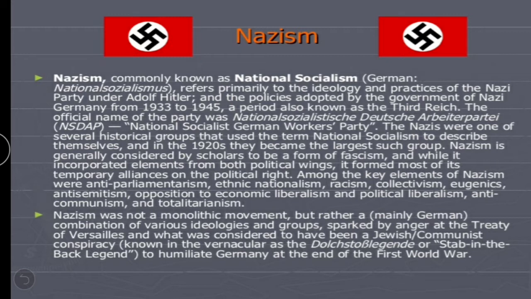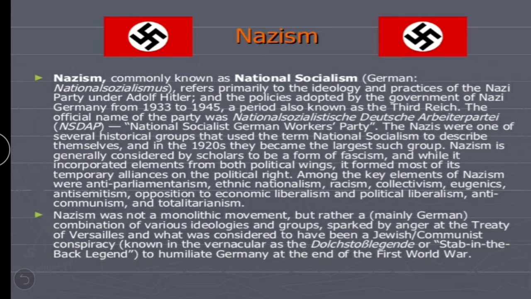Nazism was not a monolithic government, but rather a combination of various ideologies and groups, sparked at its full by anger at the Treaty of Versailles and what was considered to have been a Jewish communist conspiracy to humiliate Germany at the end of the First World War.